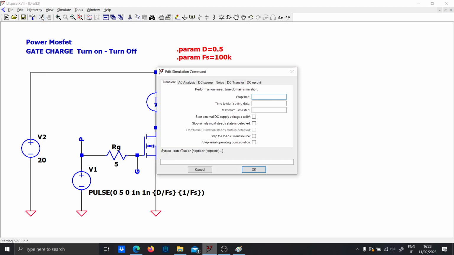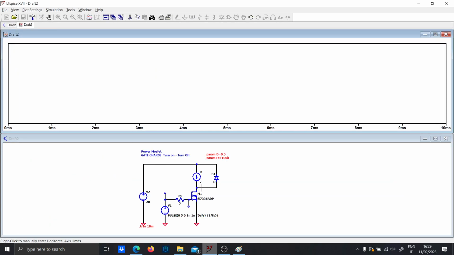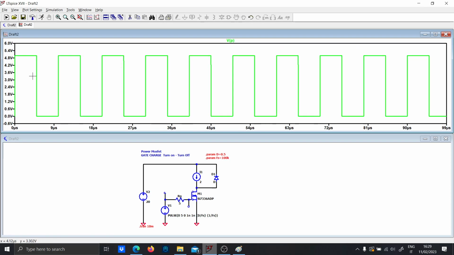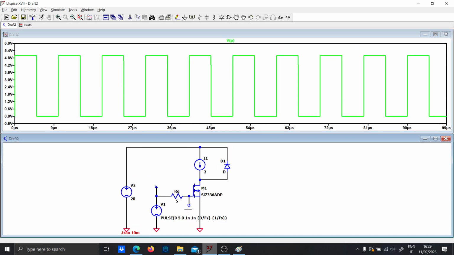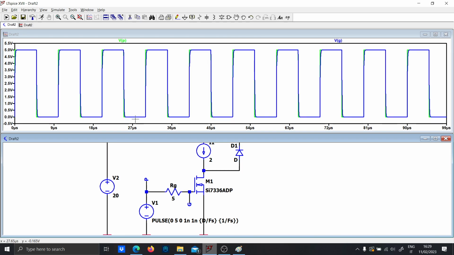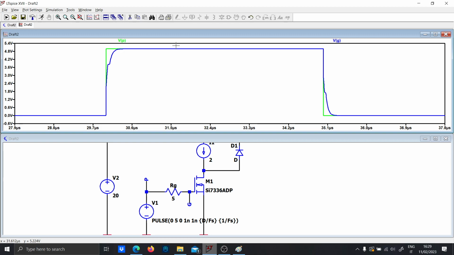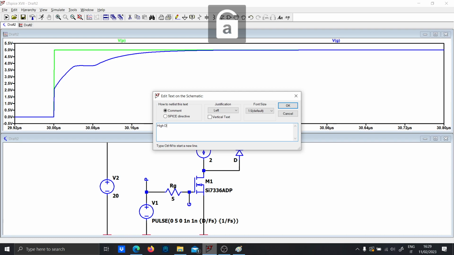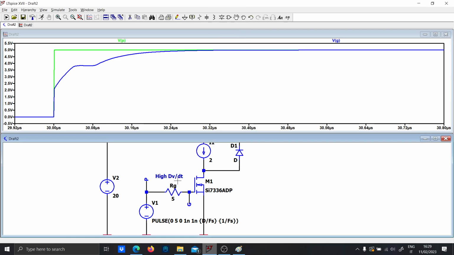So let's run the simulation for 10 milliseconds. And so this will be the voltage that I am giving at the gate. And since there is the gate resistor, it will be a little slower. This is useful because you don't always want such a fast rise time, because you can induce high dV over dt, which can cause EMI emission, which is something that you don't want.